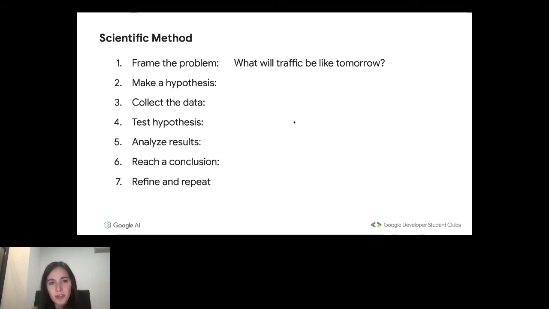But then once we have framed the problem, let's say we don't have another solution for it, let's make a hypothesis. Because what data are we going to be using to solve this problem? So we need kind of an intuition here. One hypothesis we can make is that we think that the weather is going to influence traffic. So we think that weather forecasts can be informative.